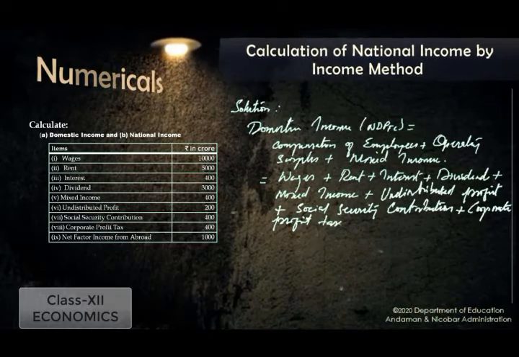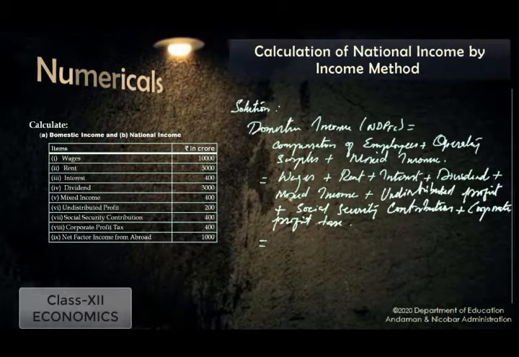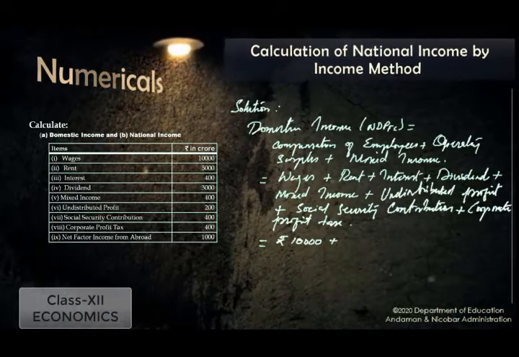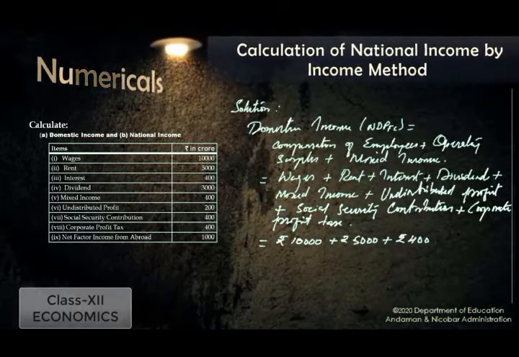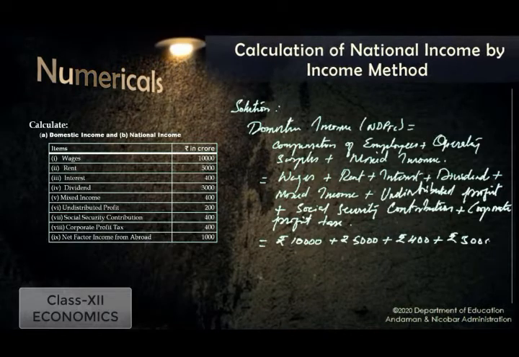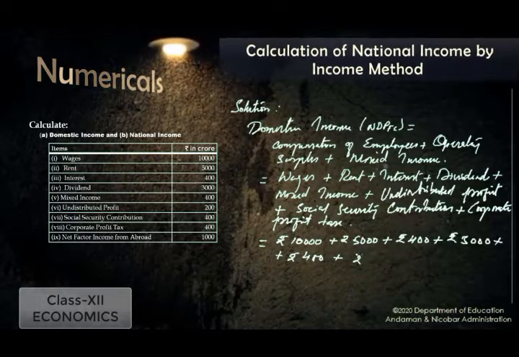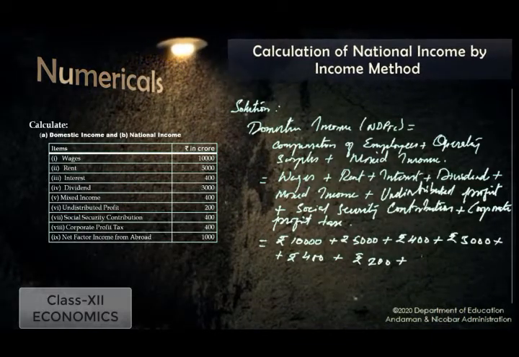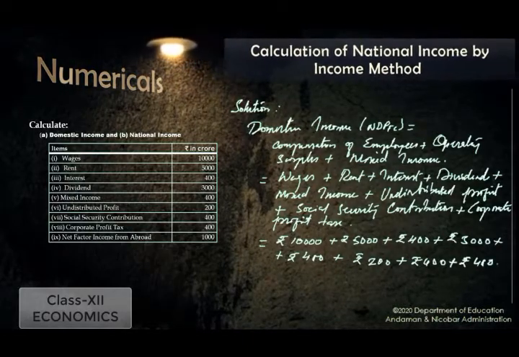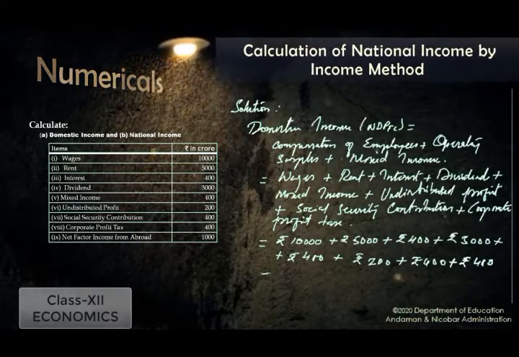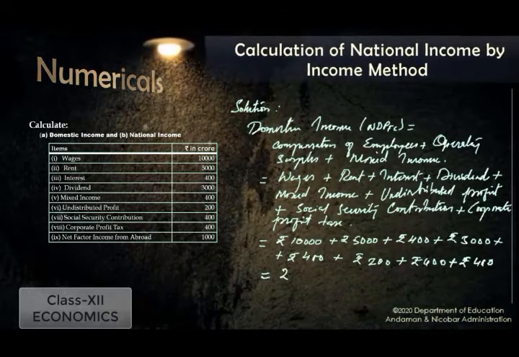Adding all these components together: 10,000 crore plus 5,000 crore as rent, 400 crore, 3,000 crore, then 400 crore as mixed income, then 200 crore as undistributed profit, then 400 crore, and again 400 crore as the corporate profit tax. Altogether, we get the value of domestic income as 19,800 crore.